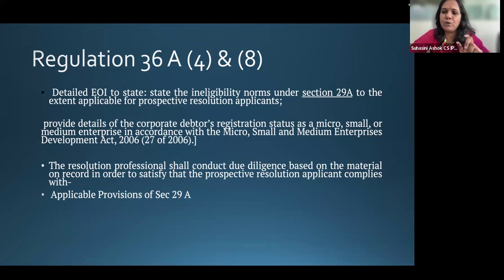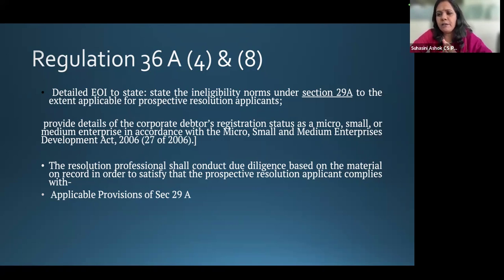So NCLT will go through this. Then comes whether the required percentage voting we got, and whether feasibility, viability, COC has approved this resolution plan. And third thing, the NCLT will ask whether there is a proper monitoring mechanism in place for implementation of the plan.